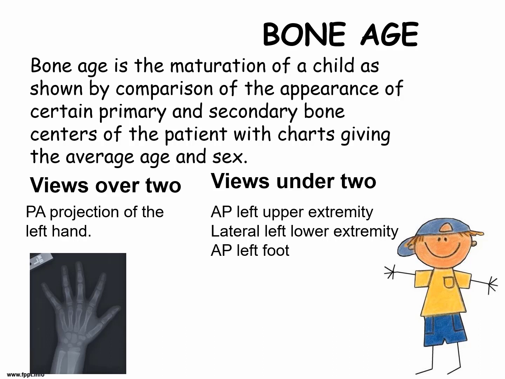If they're under 2, we'll get an AP left upper extremity and a lateral lower left extremity and an AP left foot. If they're over 2, we'll just get a PA projection of the left hand. We take the left side because they are more uniform because they are the non-dominant extremities.